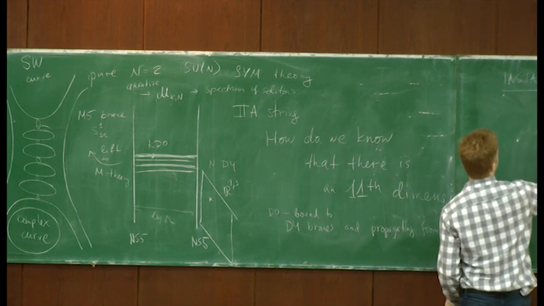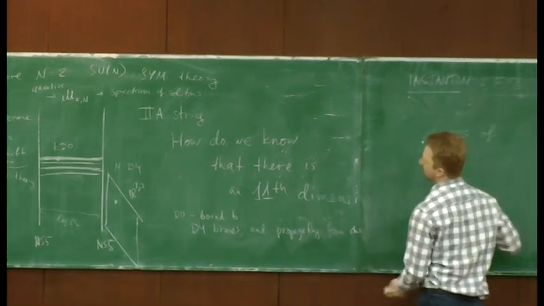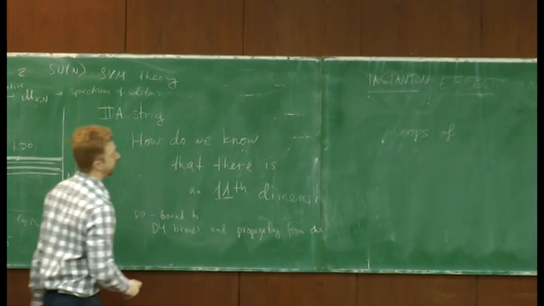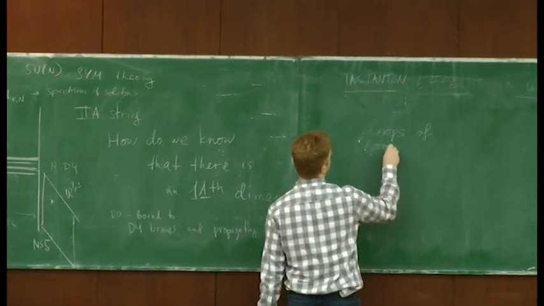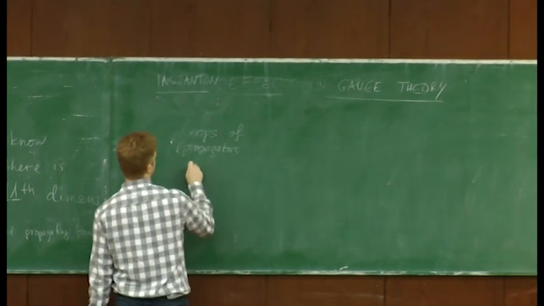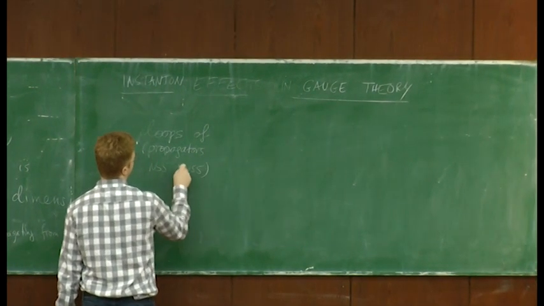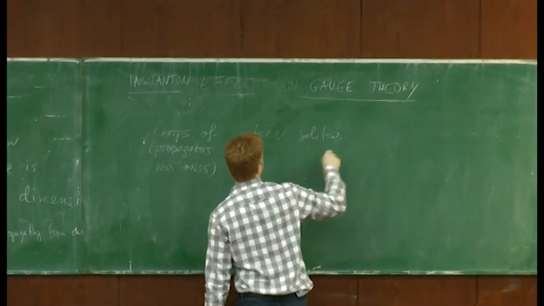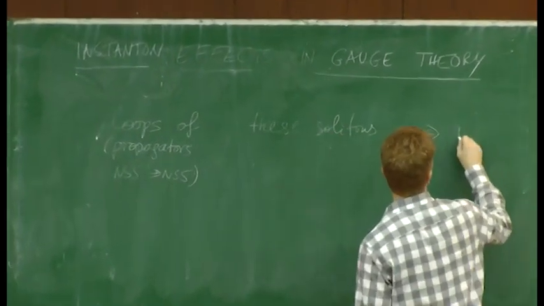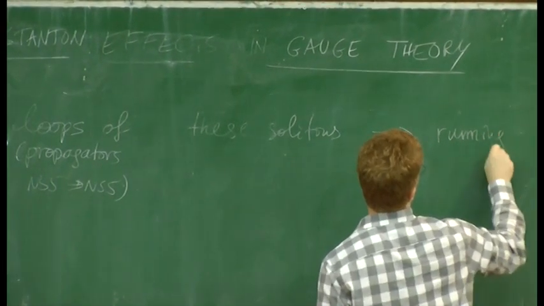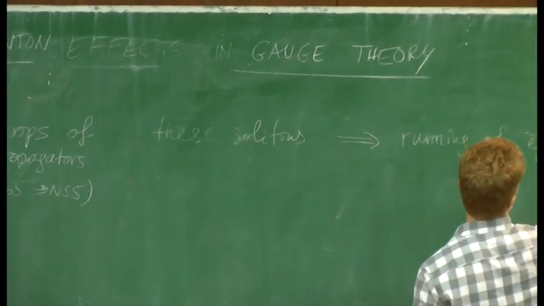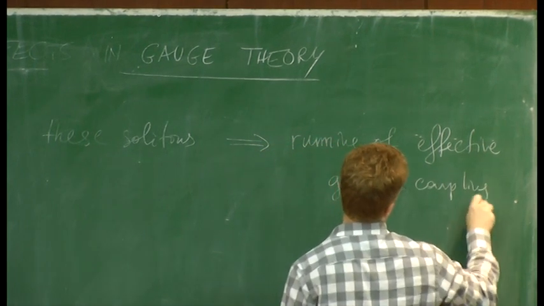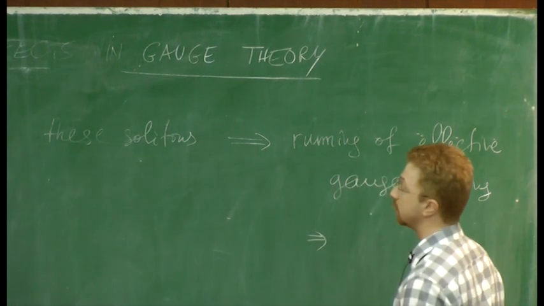Or here they're actually not quite loops, these are propagators between one NS5 brane and another NS5 brane. Of these solitons produce the running of the effective gauge coupling, and they produce the corrections to the effective action.